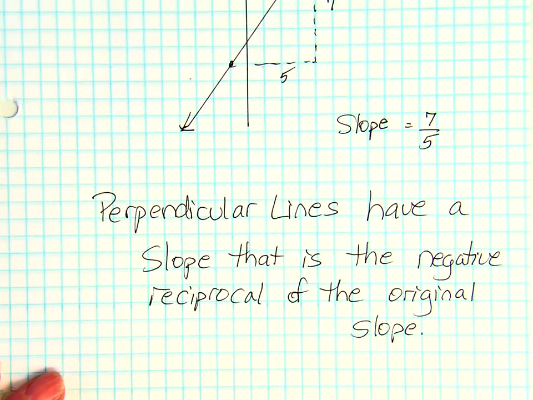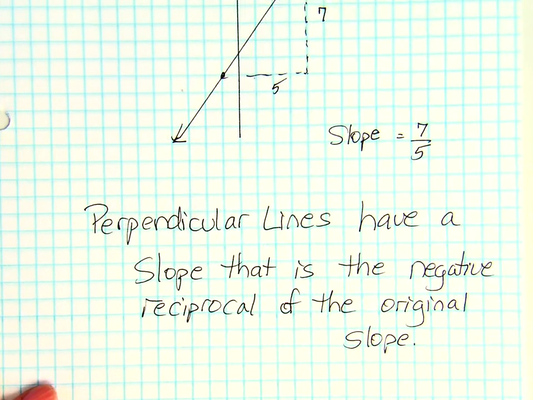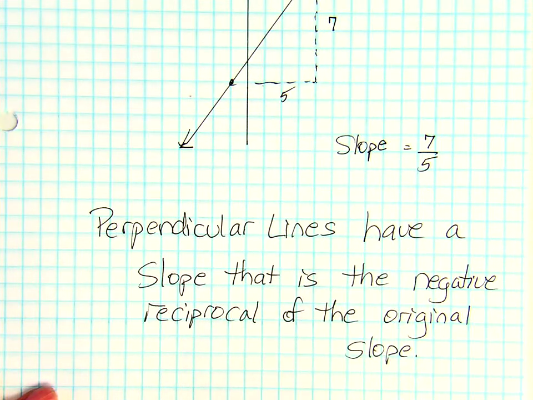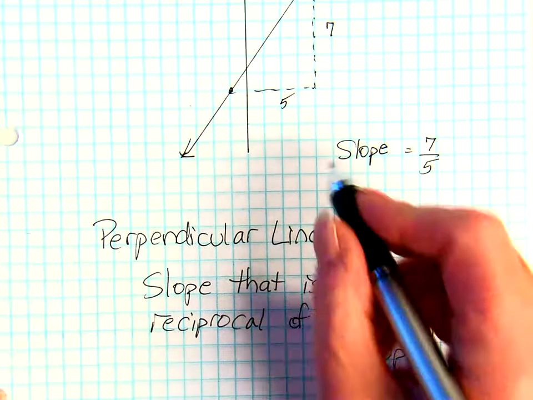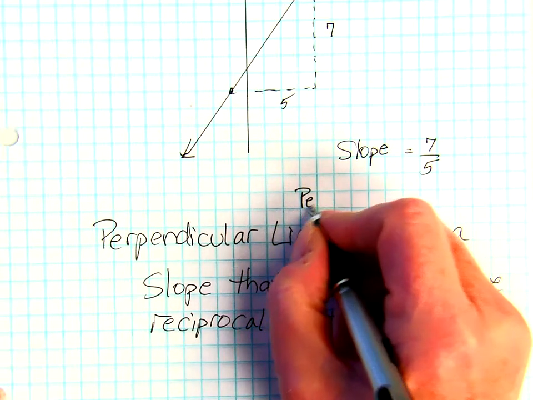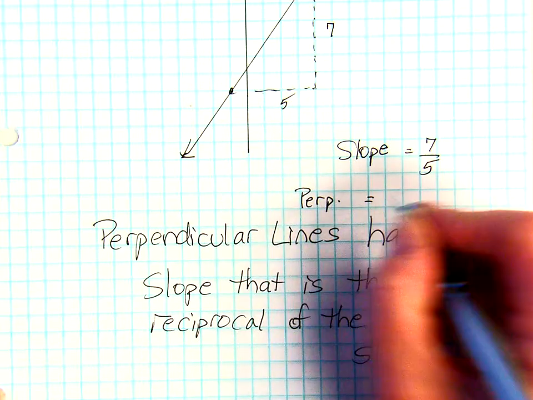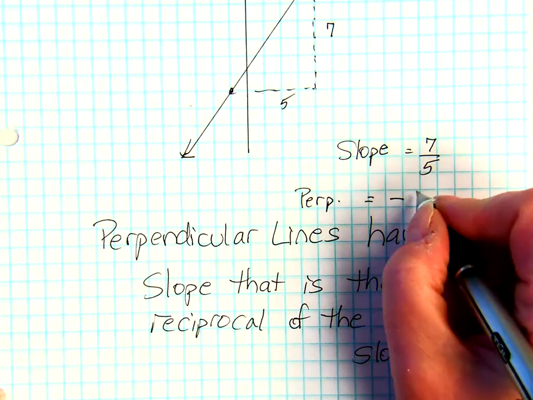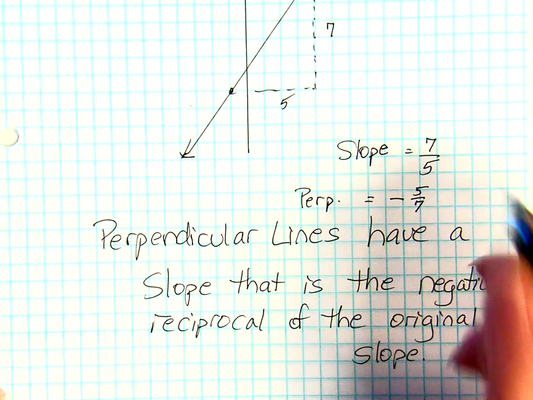So if I have a slope of this line of 7 over 5, the negative reciprocal is going to be negative, because this is positive, negative 5 over 7.